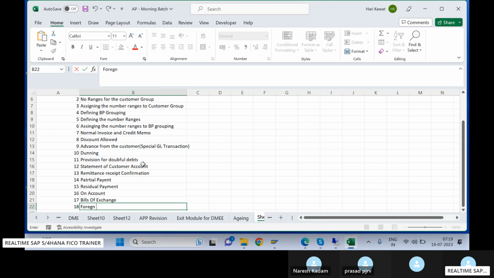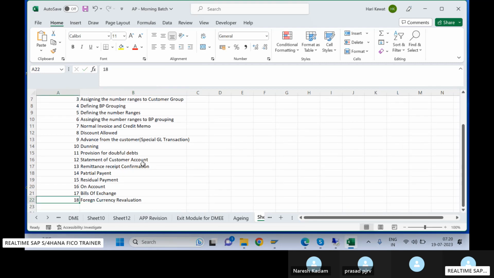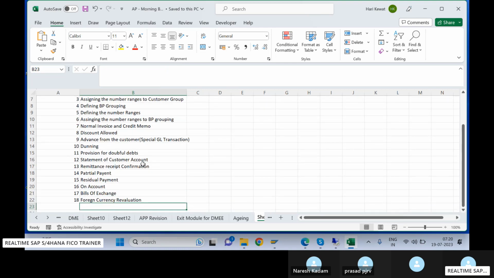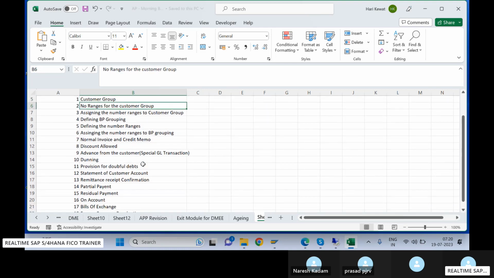There is no difference between a customer and vendor, because there also you are revaluating the invoice, and here also you'll be revaluating the invoice. Anyway, we'll learn foreign currency revaluation. Fine, so up to here you have to learn.